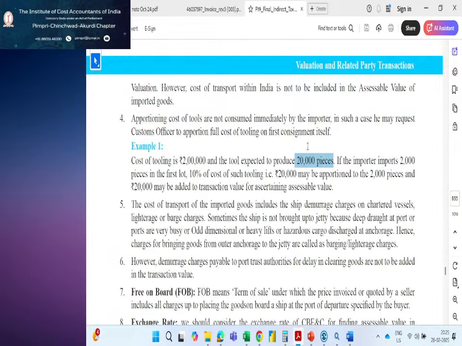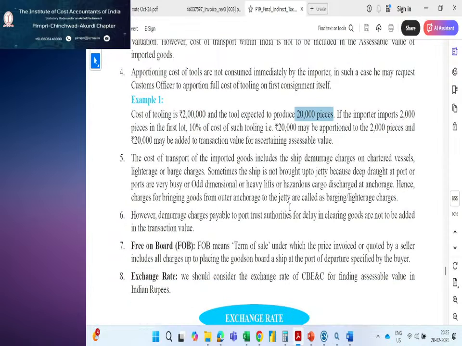But the demurrage charges for delay in clearing the goods are not to be added to the transaction value. Then we have free on board, then we have the exchange rate.